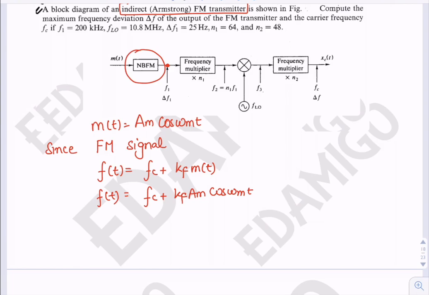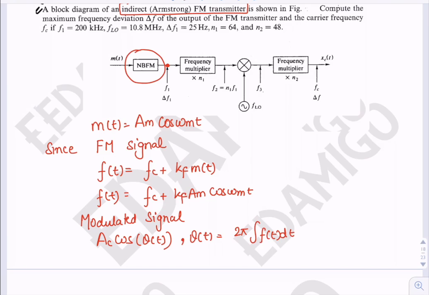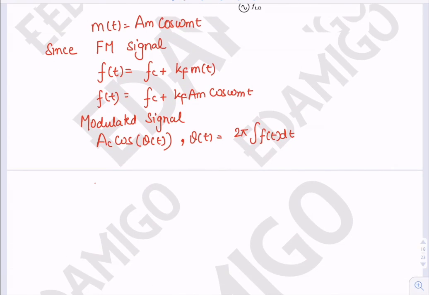So the modulated signal will be Ac cos theta(t), where theta(t) is 2 pi times the integration of f(t). So we can say that the modulated signal will be Ac cos of 2 pi fc t plus 2 pi into kf into Am, integration of the cos.